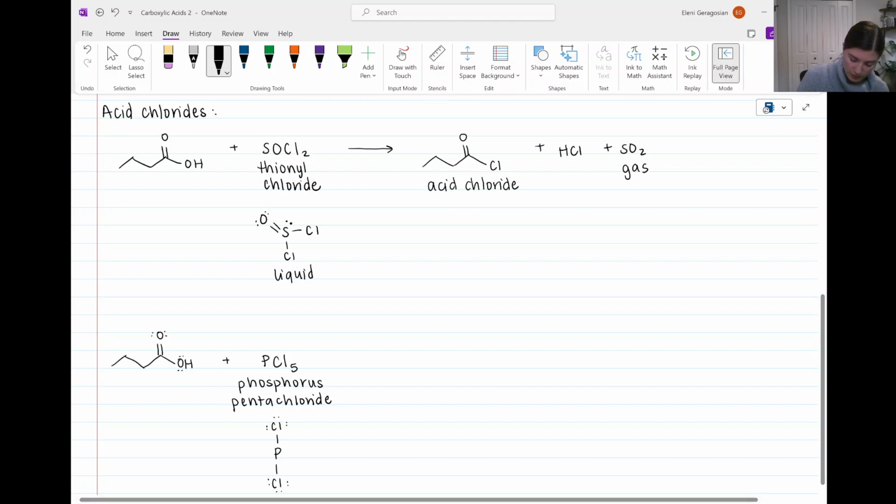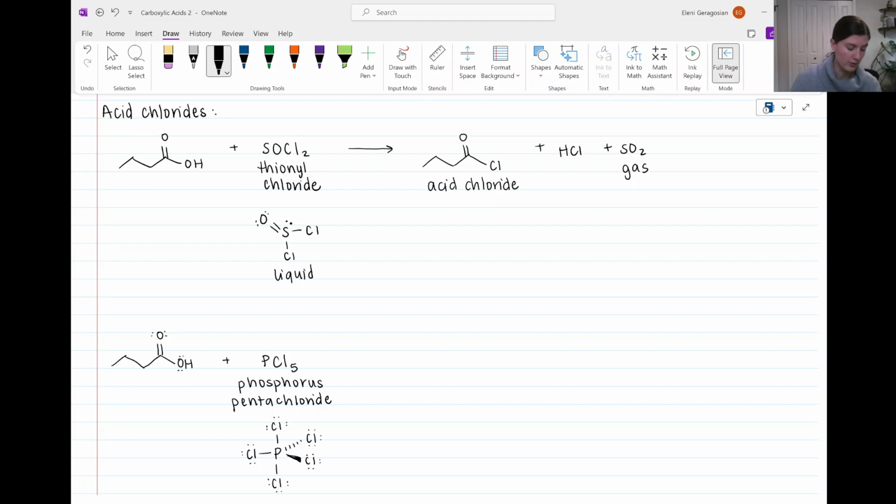But there are 2 chlorines opposite each other this way, and then we have 3 chlorines kind of in the x-axis, the horizontal axis. So here's PCl5, phosphorus pentachloride. This is another reagent that would produce an acid chloride if in the presence of a carboxylic acid.